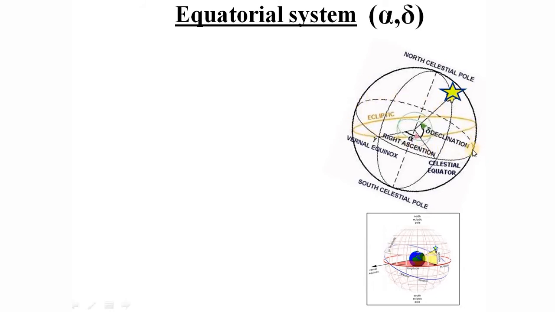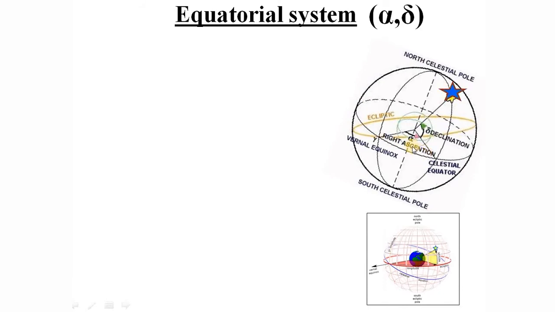So two things are there. One is the measurement along the plane. Suppose the star is here, you can draw a meridian again. The meridian will intersect the equatorial plane at some point. The angle subtended by the intersection from the origin is called the ascension.